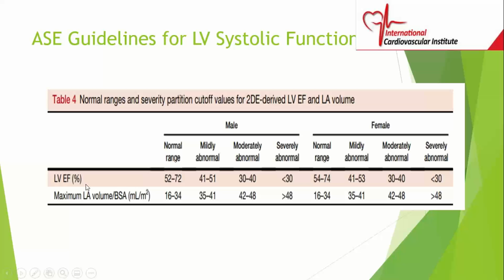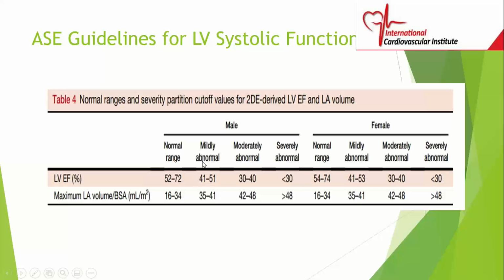When we look at ejection fraction, we talk about the normal range, mildly abnormal, moderately abnormal and severely abnormal, and we classify that in males and females. So the normal ejection fraction, we say the wide range, it's probably 52 to 74, where 52 to 72 is the male and 54 to 74 is the female.